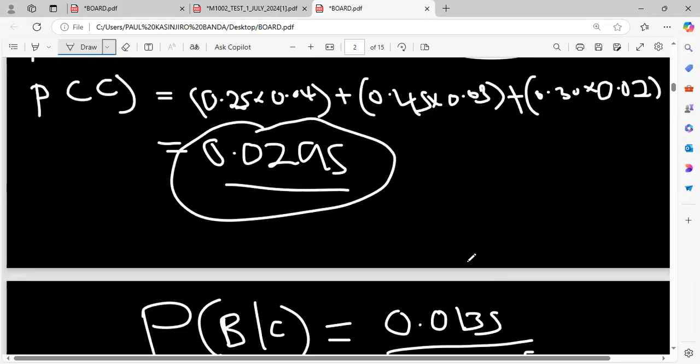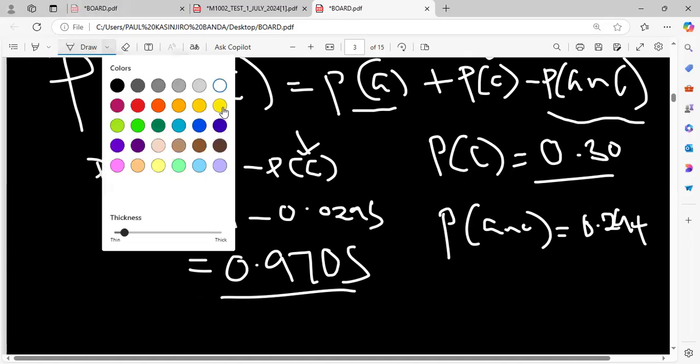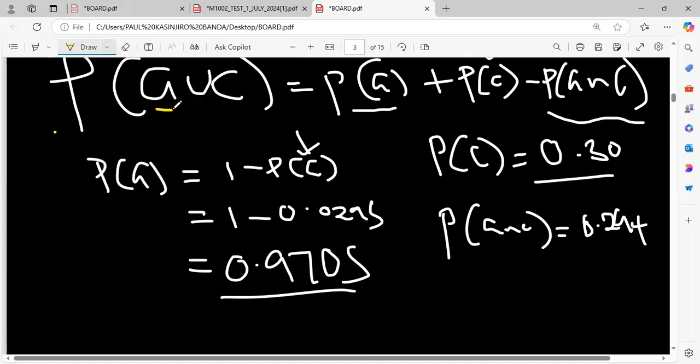The probability of G intersection C is simply 0.294. Now we have everything we need in order to find the probability of it being good or being from lab C, because we have this value, this value, and this value.